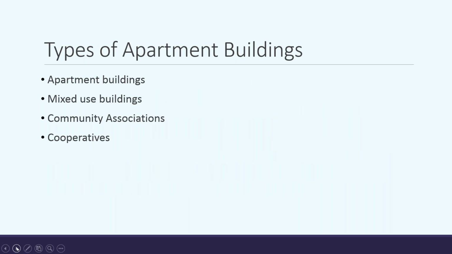So what are the types of buildings? Apartment buildings I've already defined, right? In some cases, you could have mixed-use buildings. You definitely could have retail units on the bottom, and then multiple stories of apartments above.